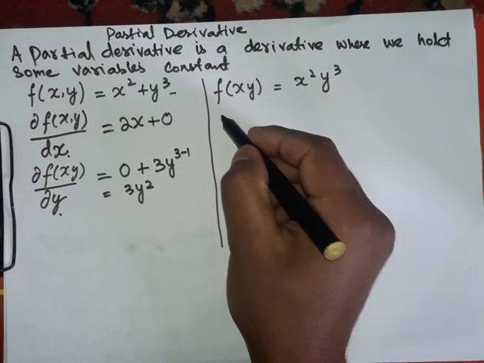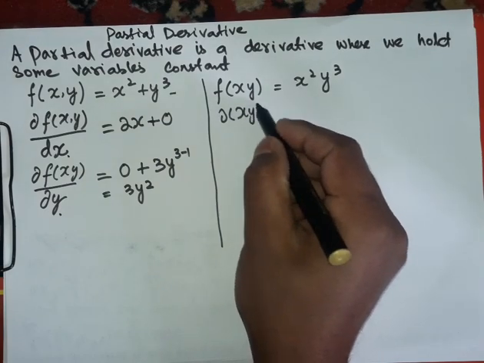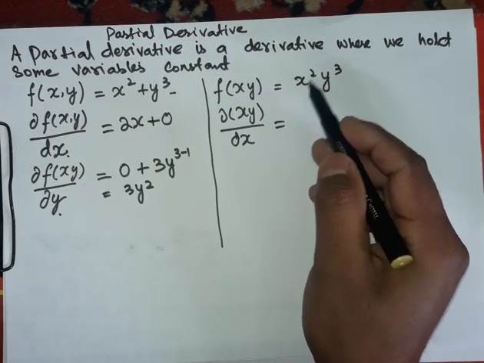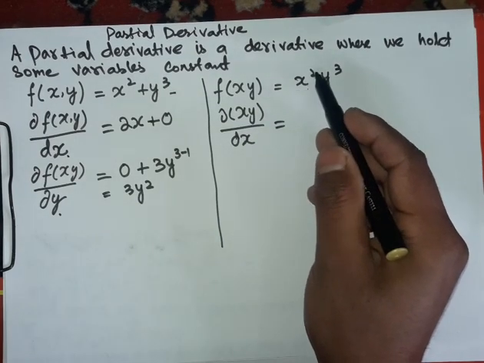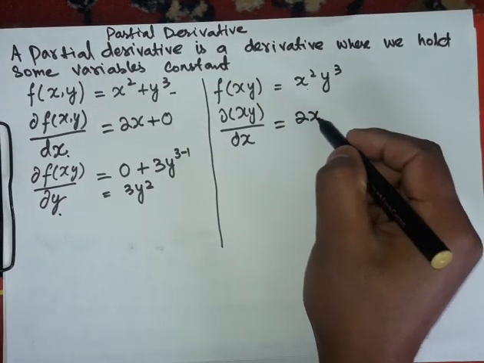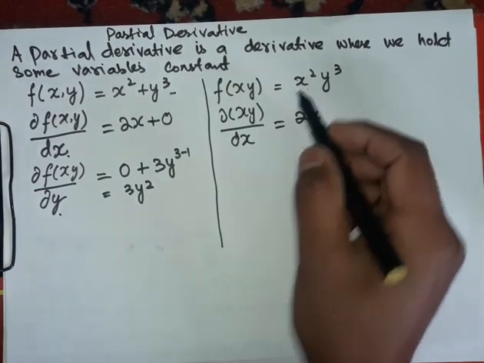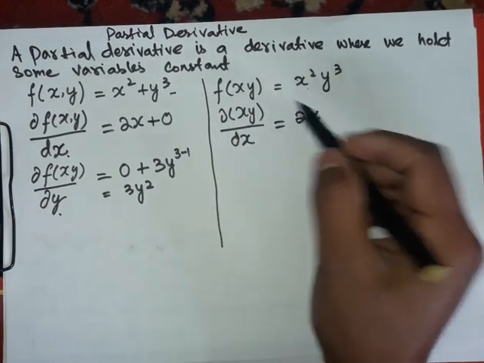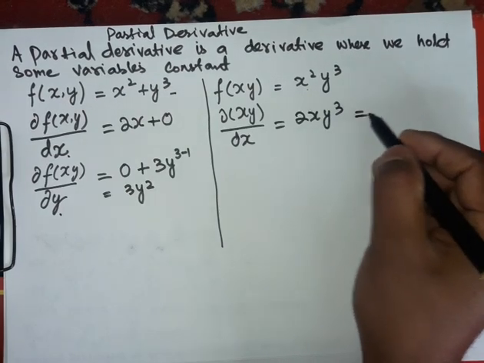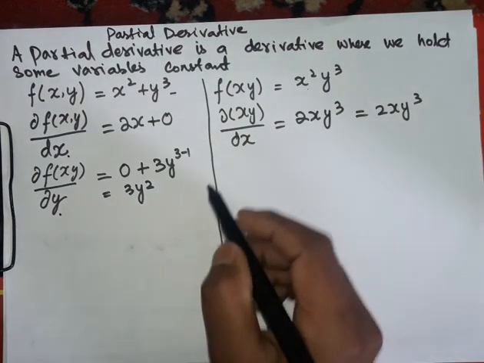First, taking the partial derivative with respect to x, the derivative of x square will become 2x times y cube. Because y cube is a constant, it will remain as a coefficient. It will not become 0 because it is only one term. So 2xy cube is our answer here.